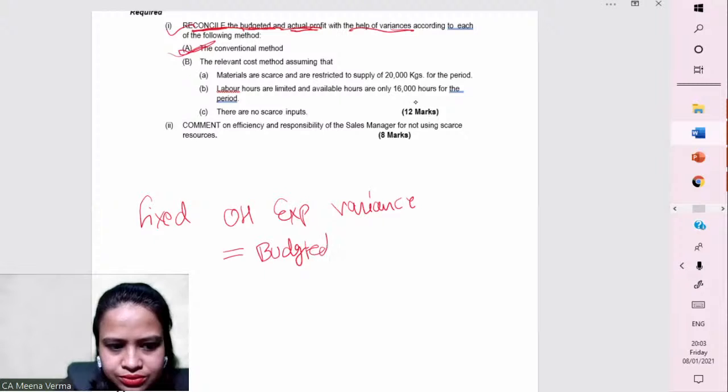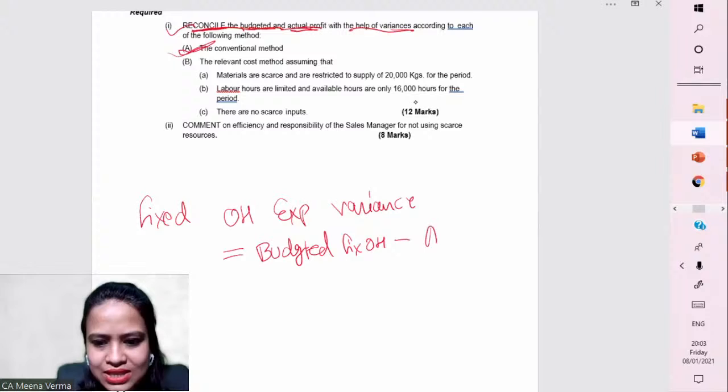Budgeted fixed overhead minus actual fixed overhead.